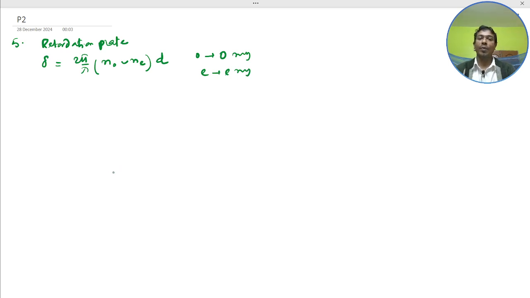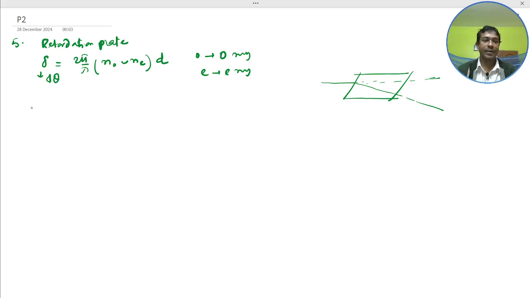So by double refraction, this is split into two kinds of ray, E and O, and the delta would become here delta theta.